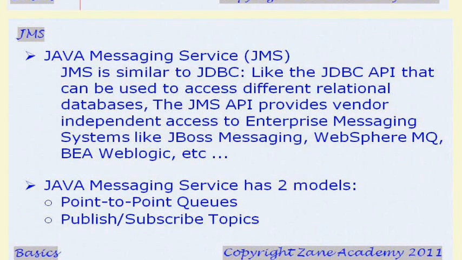The Java Messaging Service is similar to JDBC. Like we have in the JDBC API, where we can use the JDBC API to access different relational databases, we can do essentially the same thing with JMS.